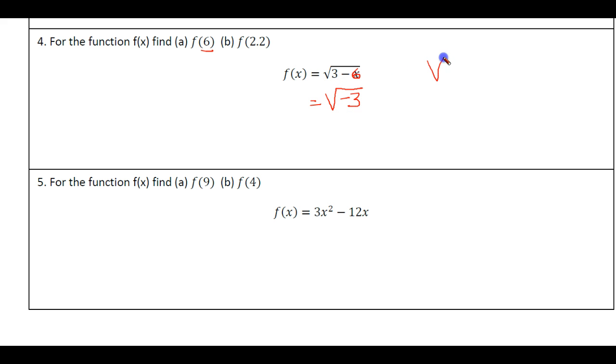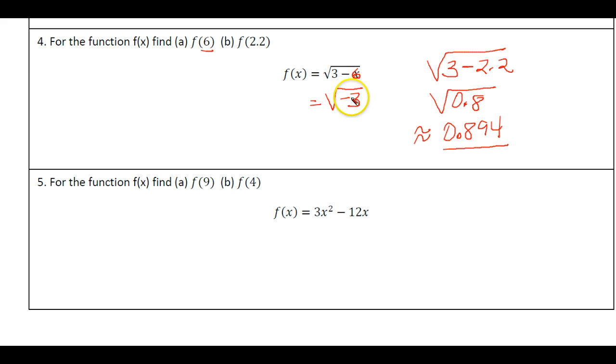And then in the next one, it'll be the square root of 3 minus 2.2, which will give us the square root of 0.8. And they do want us to get it out of the radical, so we use our calculator, and it's approximately this. And then looking at the answer key there, where this is not a real number, this is an imaginary number, they're describing it as not defined.